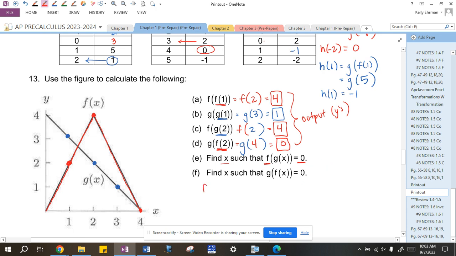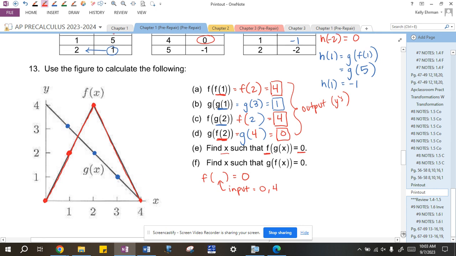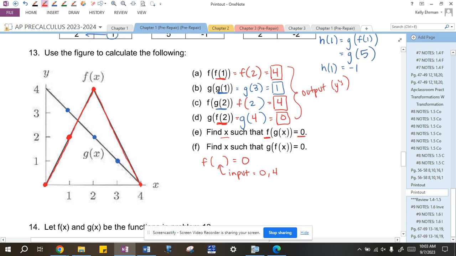So let's see. When does f of something equal 0? What are the inputs that we need to make f 0? f is 0 when the input is 0 and when the input is 4. Now what x value makes that happen? Well, the input is g of x.